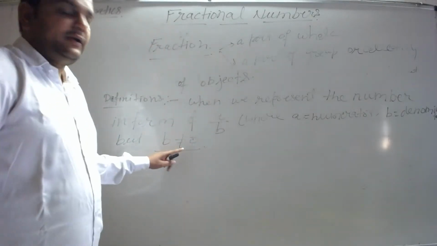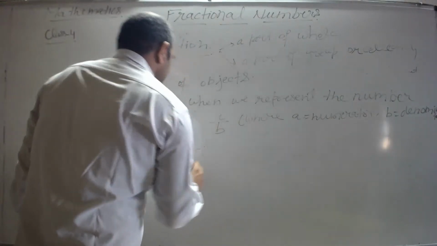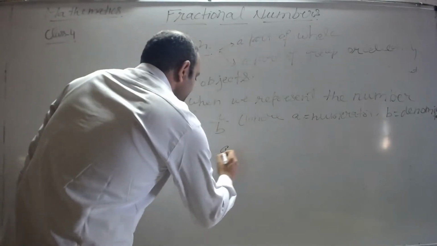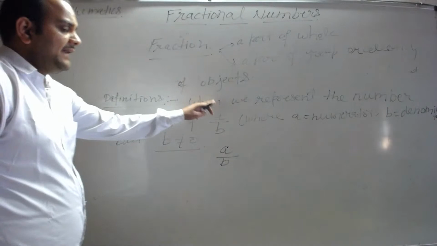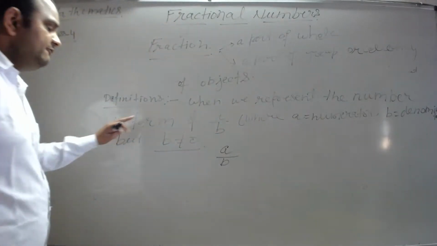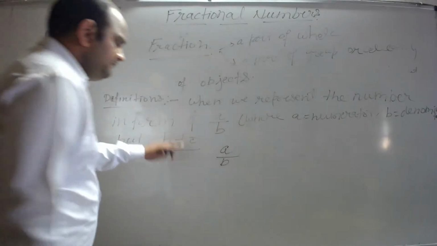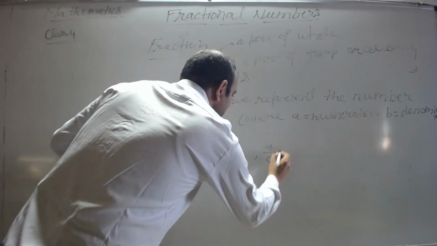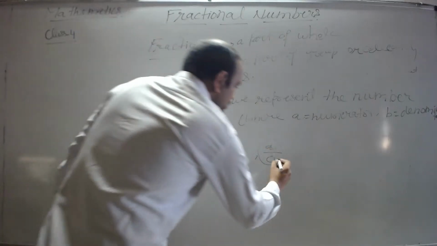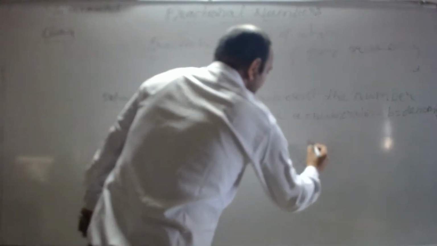Why can b not be 0? If b is 0, then it will be a by 0, and we have no total number of parts, so this will be not defined.